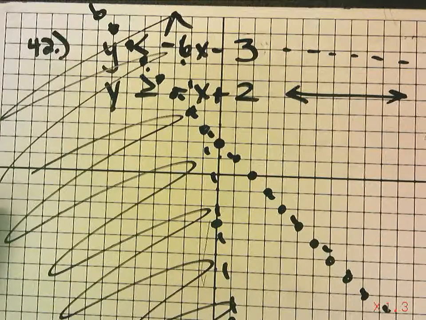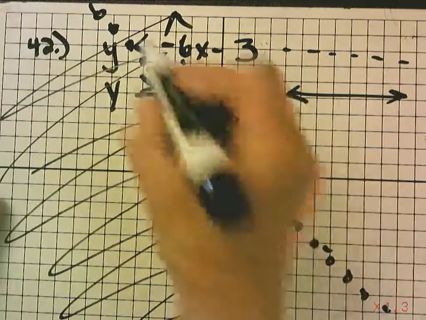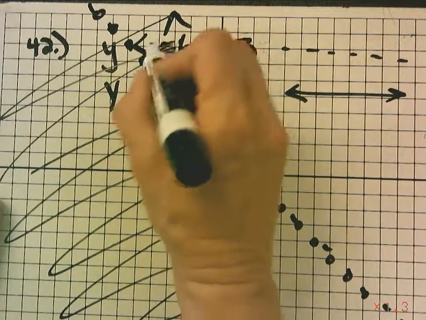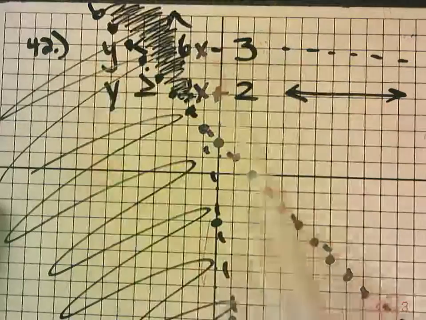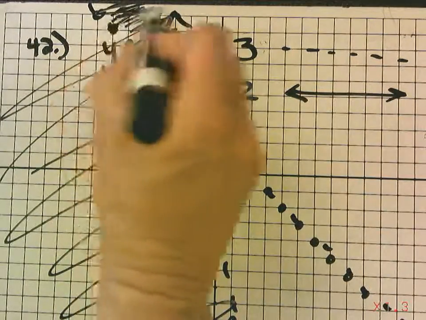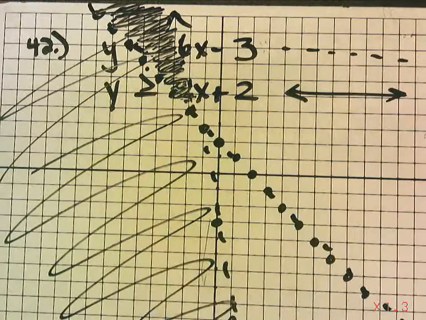And this is y is greater. So that means just this little section in between these two is what gets shaded, and my answer is just that little v in that section. Okay, so I shade above, and that is the solution. And that ends this video.